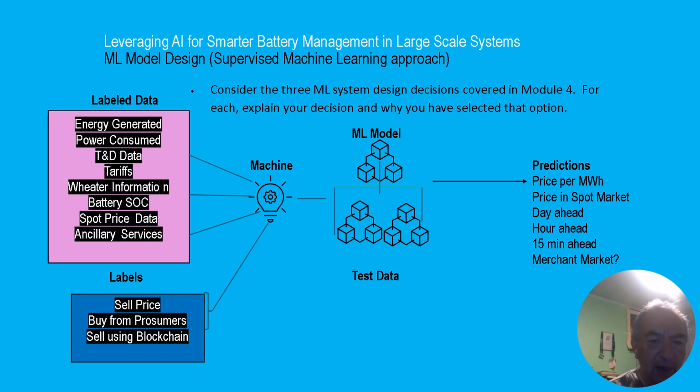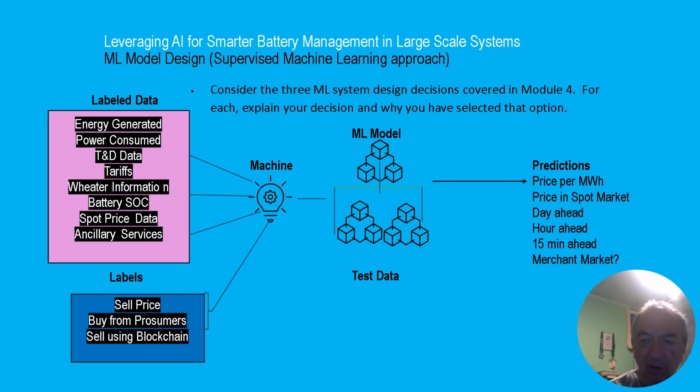In the label information, we put things like sell price, if we are going to be buying energy from consumers, or also if we enter into the blockchains. That information is included in the machine learning model, and if we use things like multiple regressions or other mechanisms, we are going to be able to give predictions with respect to the price of the electricity in megawatts per hour.